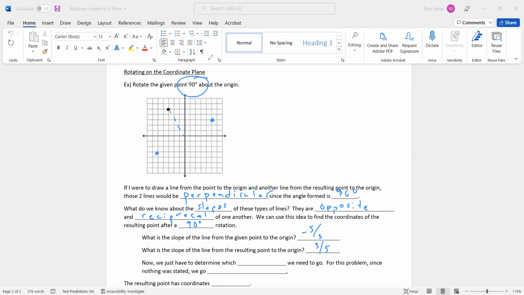We have to determine which direction we need to go, which orientation we need to go. For this problem, since nothing was stated, we go counterclockwise. What's counterclockwise? This way. So this would be my resulting point, as coordinates of, what is that, -5, -3.